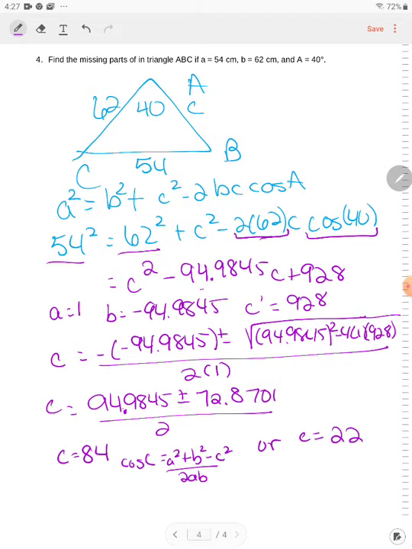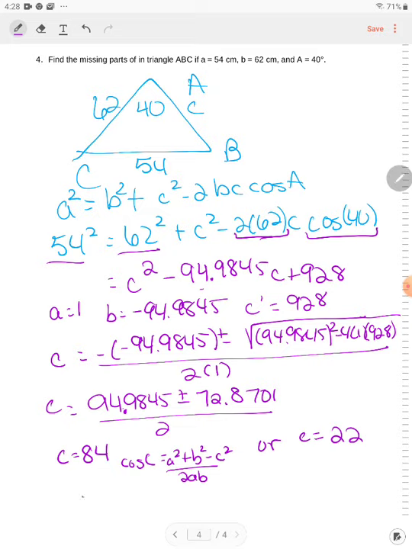So we're going to get 54 squared plus 62 squared minus the 84 we just found.